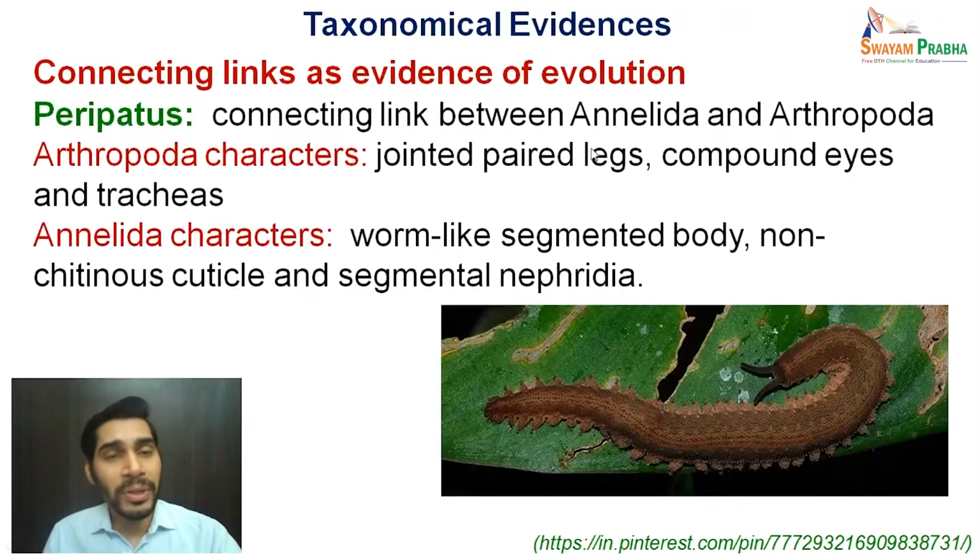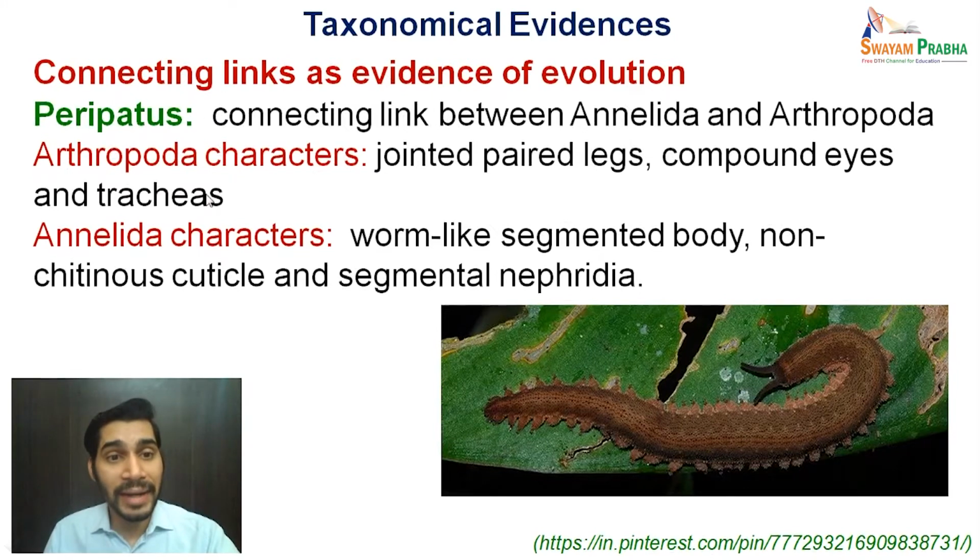You might also have come across the connecting links, which are again evidence of evolution. Just like missing links were the fossil forms, the connecting links can be living forms as well. Peripatus, for example, is the connecting link between annelids and arthropods. It shows arthropodan characters like jointed paired legs, compound eyes, and tracheae.